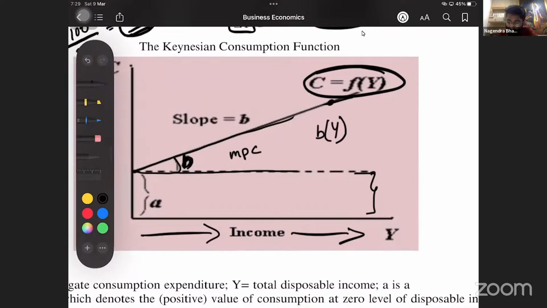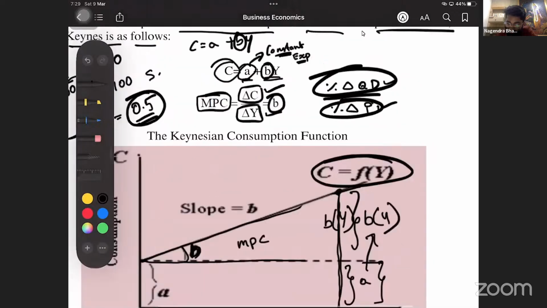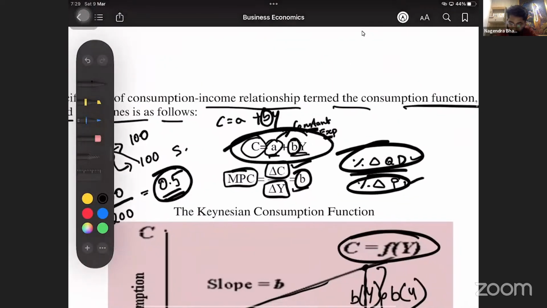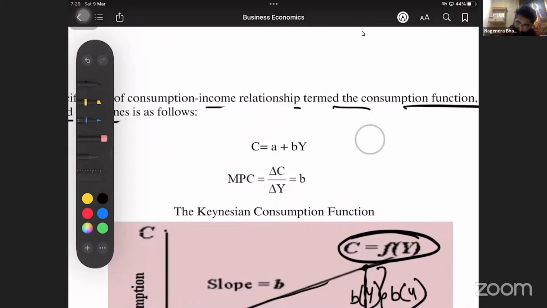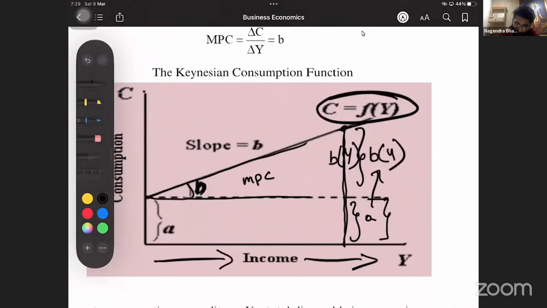This is total consumption. For example, in this line, this is total consumption. What is this? A. What is this? BY. Now A plus BY. What is A plus BY? Here, consumption. Correct now? A plus BY is consumption.